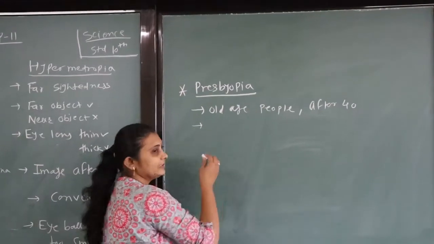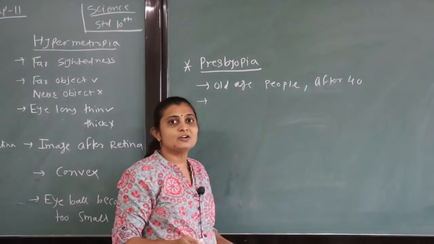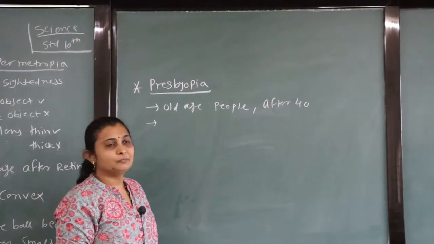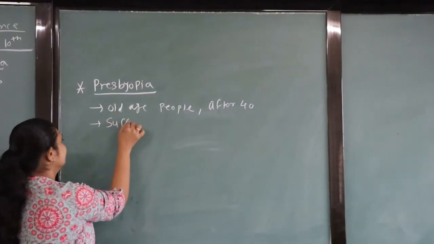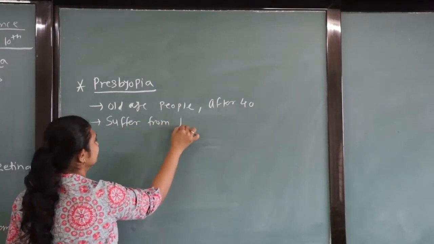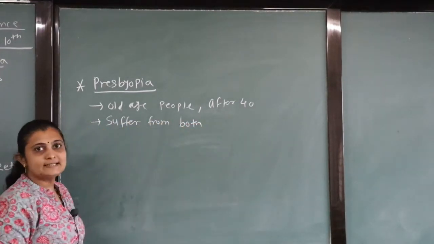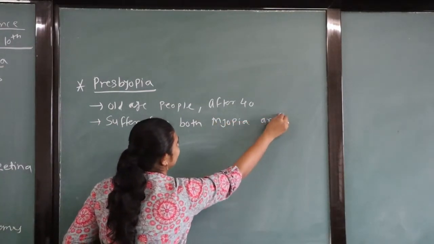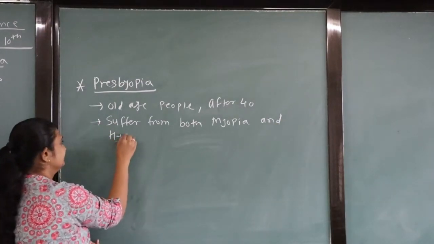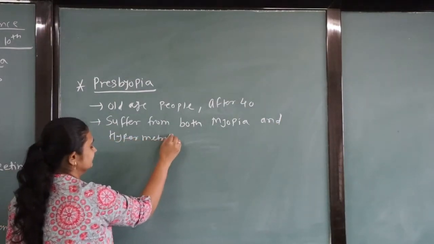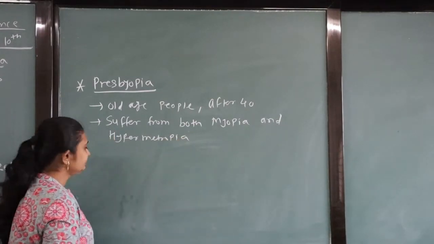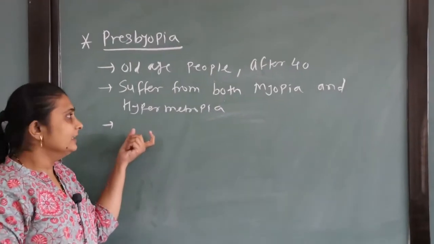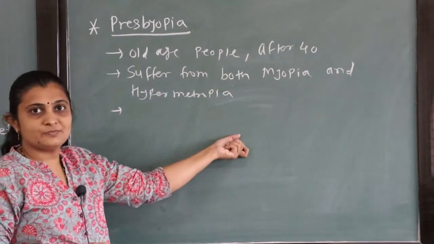The person cannot see the nearer object and far object clearly, meaning they suffer from both myopia and hypermetropia. So, the person cannot see the nearer object as well as the far object.